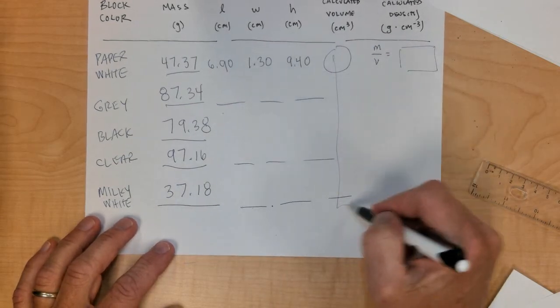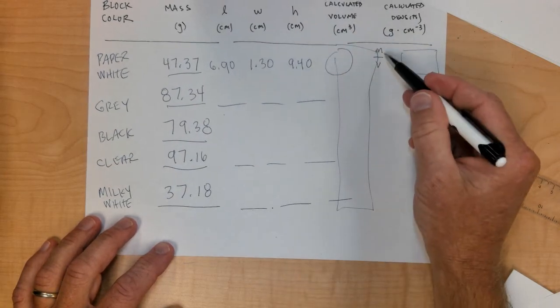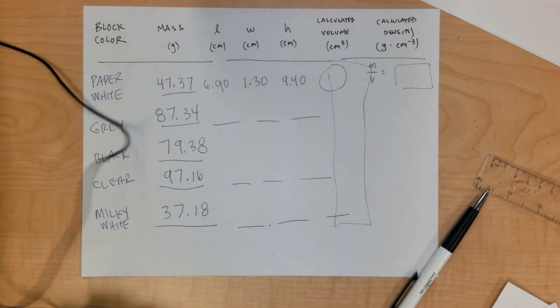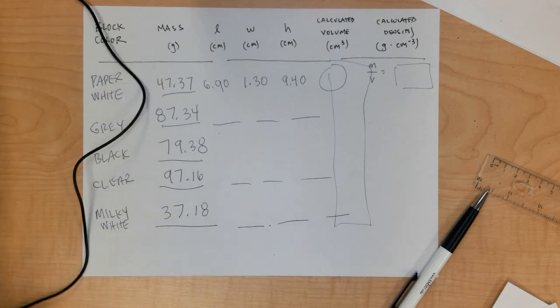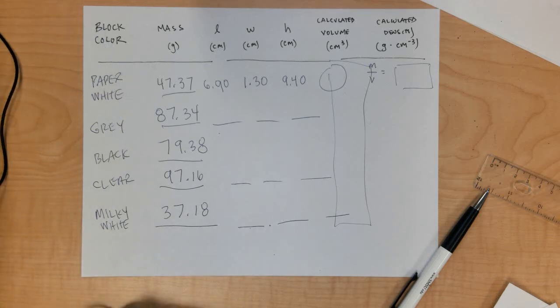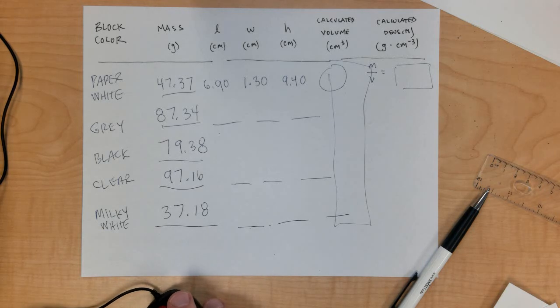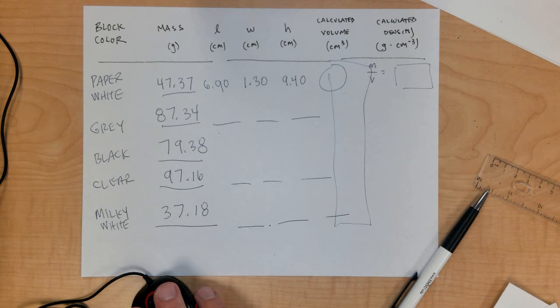You now have to calculate the volume for all of them, and then take mass divided by volume to get the density. Once you have that, inside of Schoology is a spreadsheet that's shared with you. I'll pull it up on the screen for you to see. Right here in Chapter 1 at the bottom, there's a density block spreadsheet. And inside the spreadsheet is everybody's name.